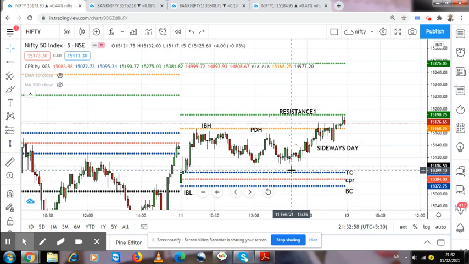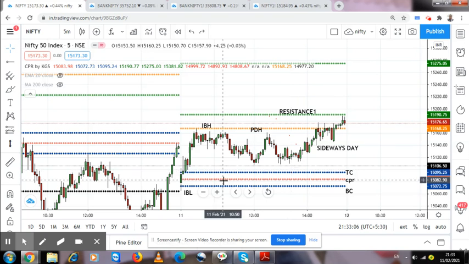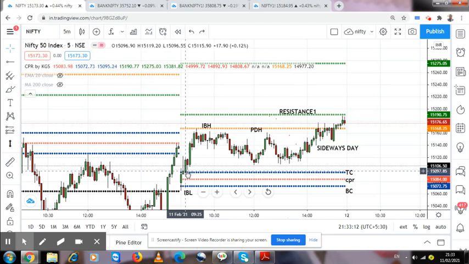So usually what I did today was I did not initiate any trade, frankly speaking. Why? Because on this move, one has to go long. Usually what I do is if the price closes over the top central pivot, then only I go long.